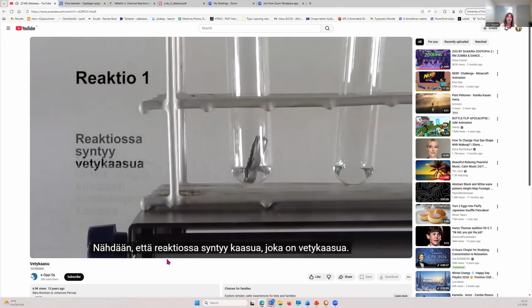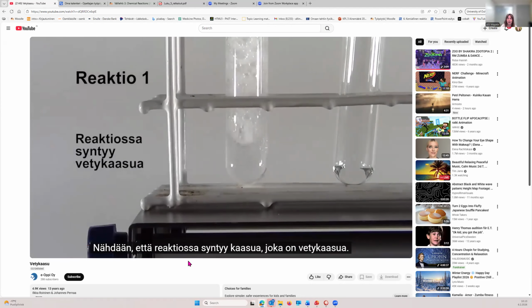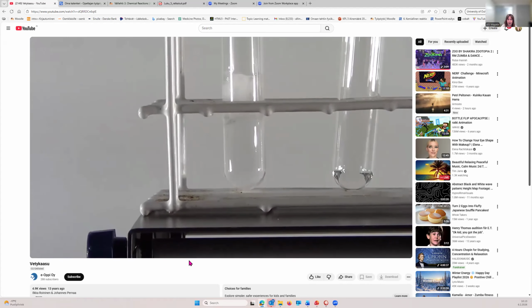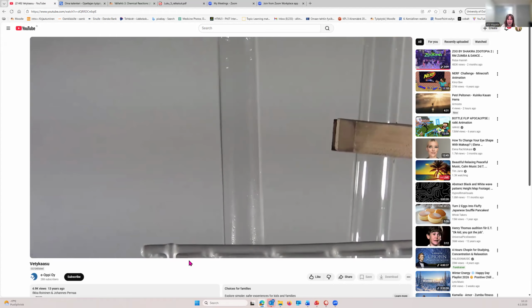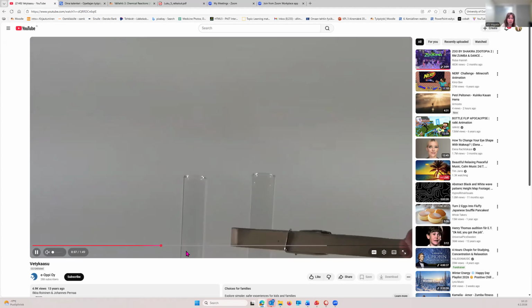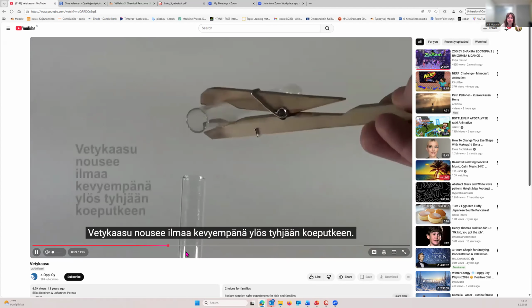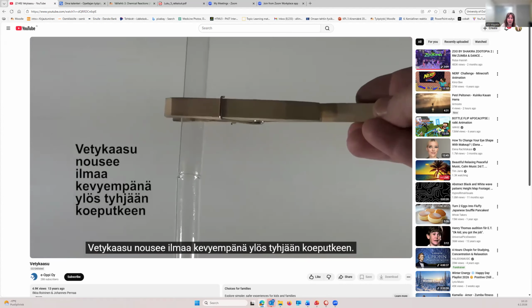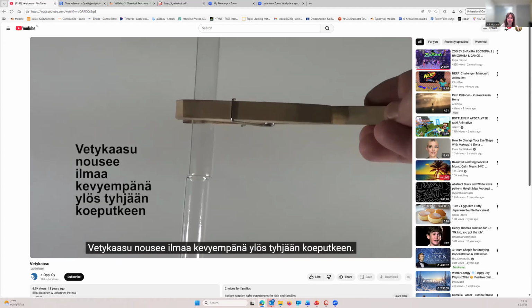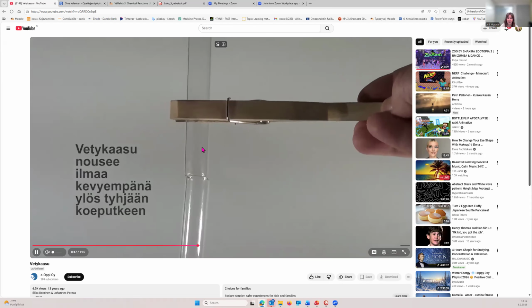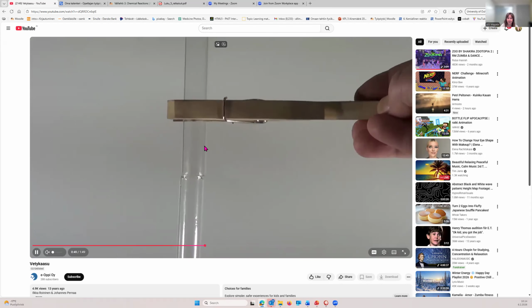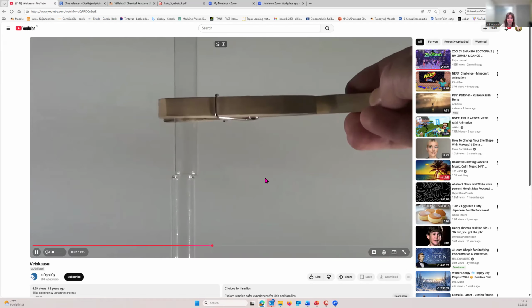So this magnesium reacts with hydrochloric acid. And the gas that's formed there is hydrogen gas. So that's what's happening now. And because the hydrogen gas is lighter than air, it rises and you can store it into this empty pipe.